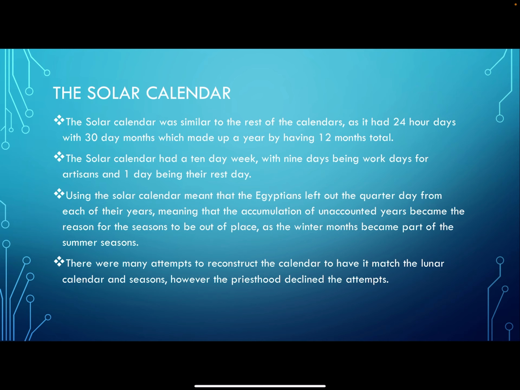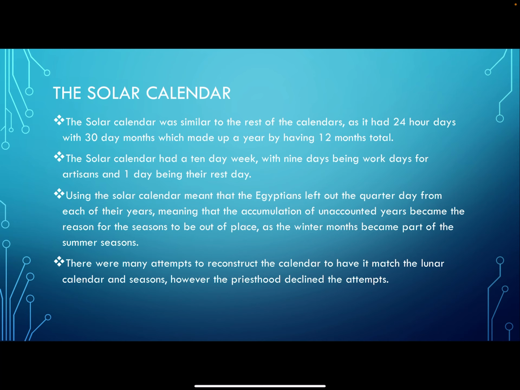So, as I had mentioned previously, the quarter day that was missing, and that was not being included into the lunar and the civil calendar, really changed the patterns of the seasons.